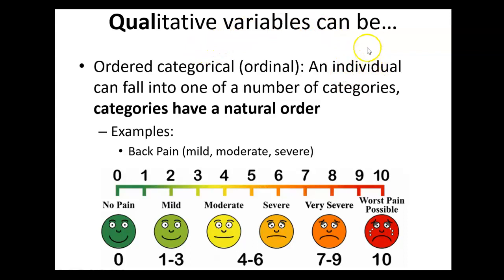Qualitative variables can also be ordered. That's ordinal variables. An individual might fall into any number of categories that actually have a natural order. For example, back pain. We know that worst possible pain, which might be represented with a 10, is worse than moderate pain. So it does have a natural order, but it's still describing things.